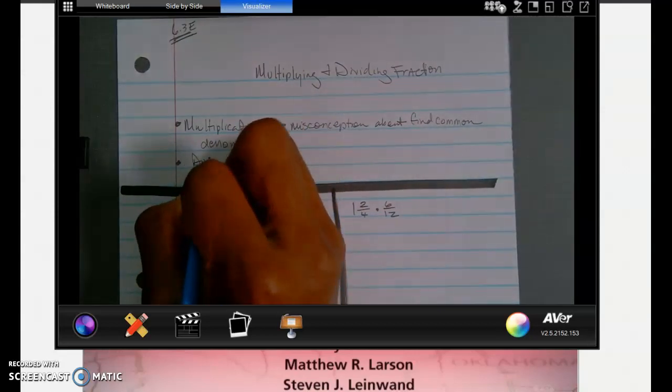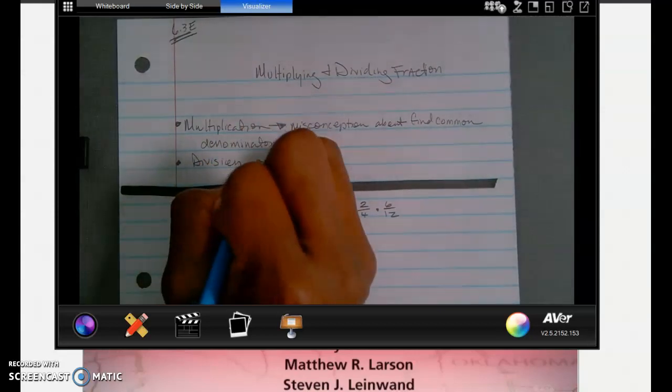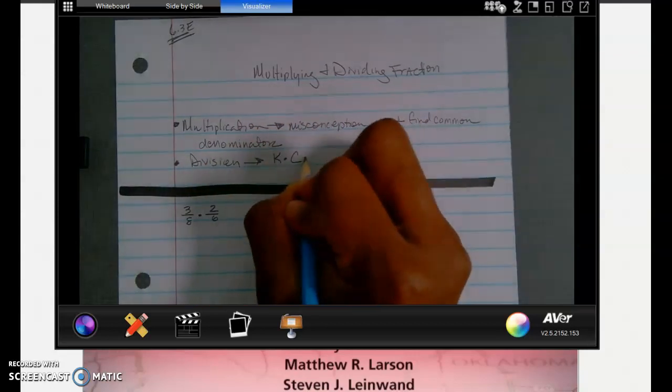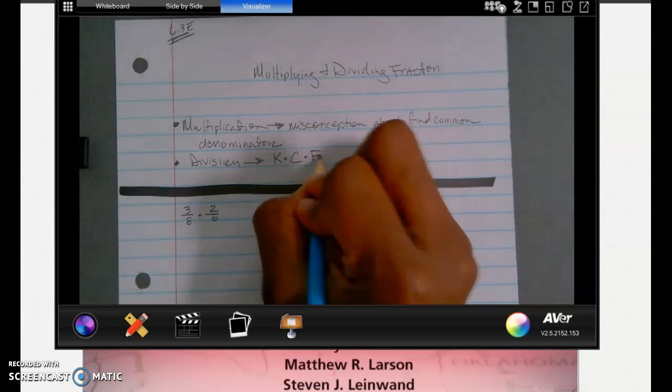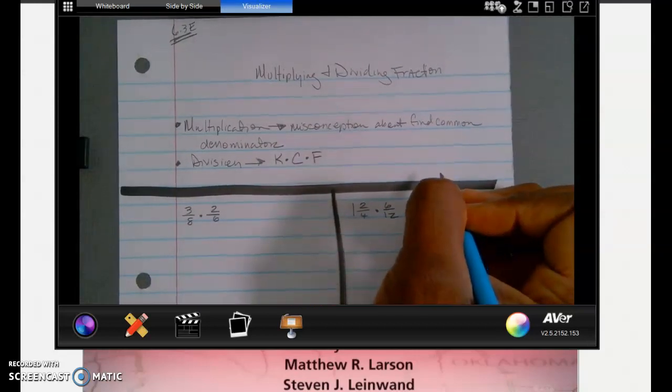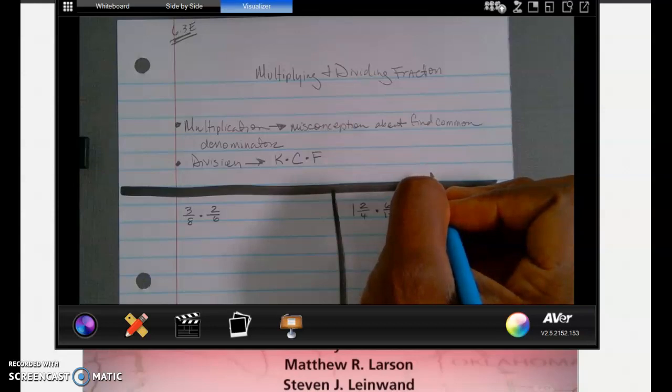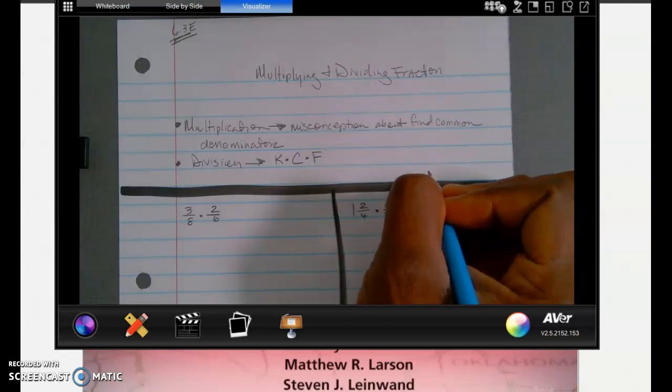Also, with division, we need to remember that we are going to keep, change, and your kids may be familiar with the acronym KCF. Now, we're actually not going to use flip because that's not a very accurate math-related term.